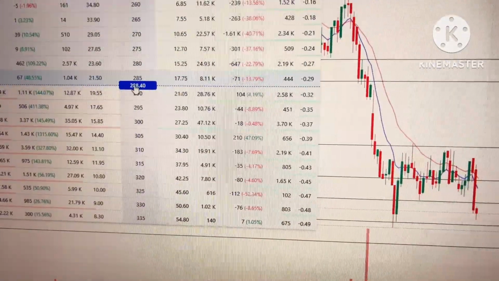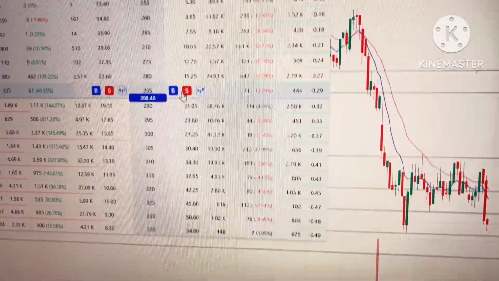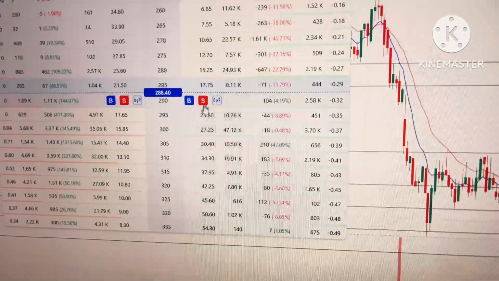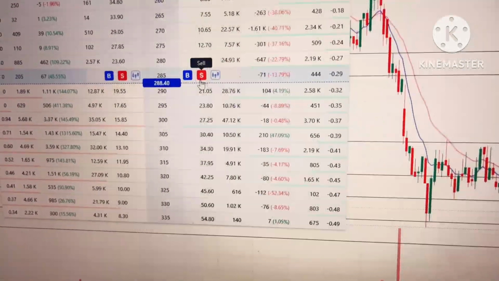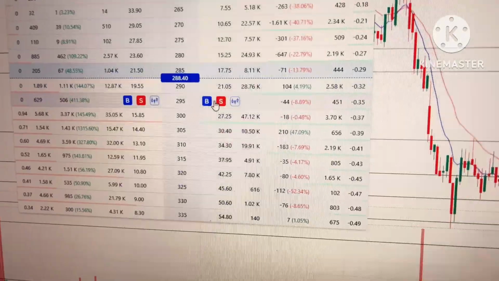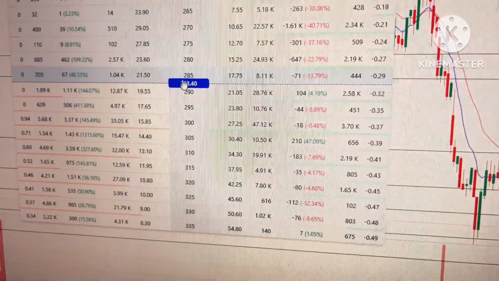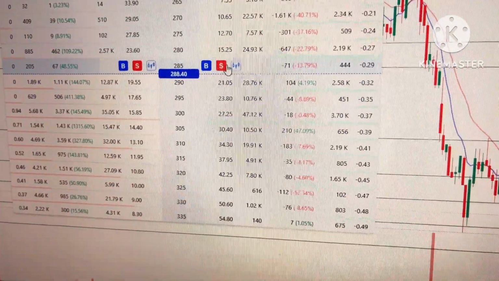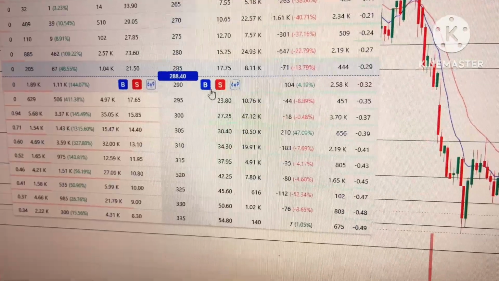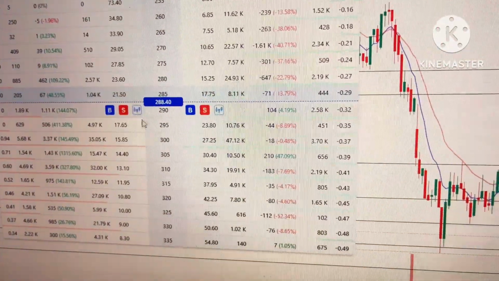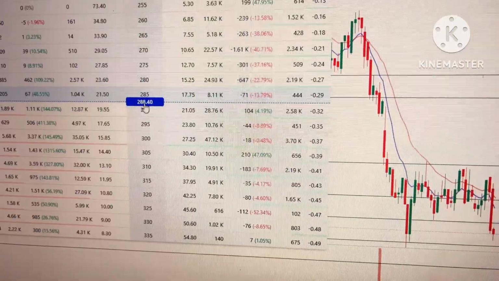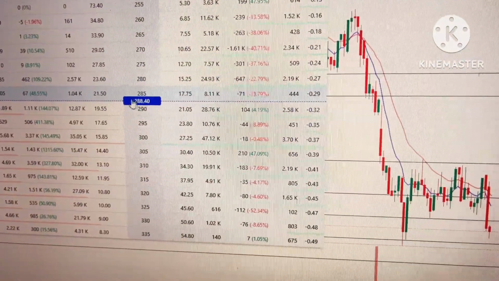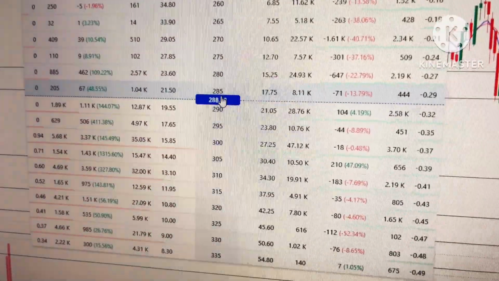So always try to trade at the money or in the money prices of the option chain. Try to take the strike prices which are closer to the blue spot price here.